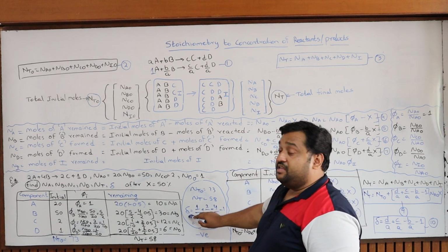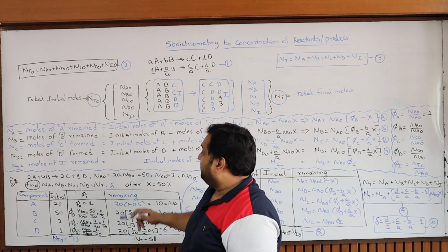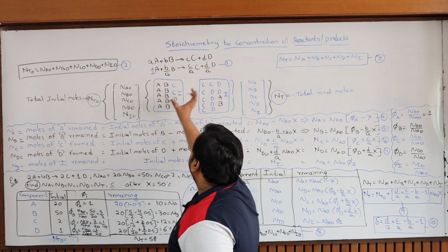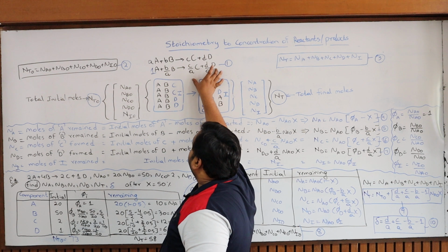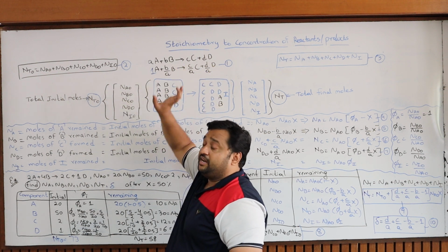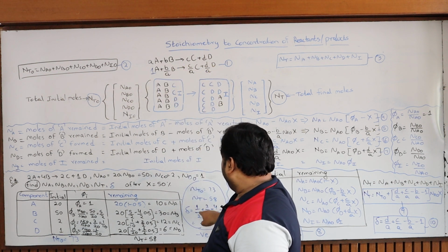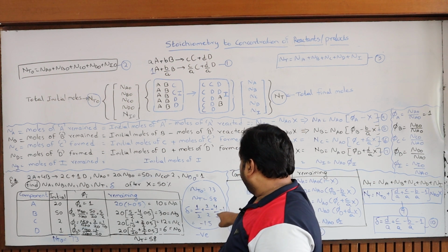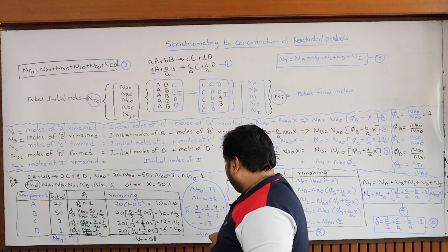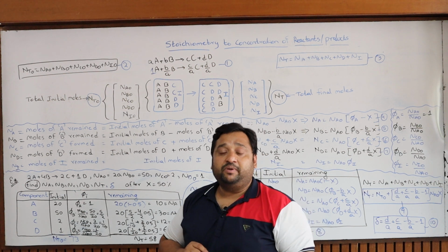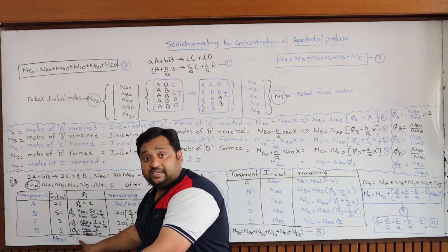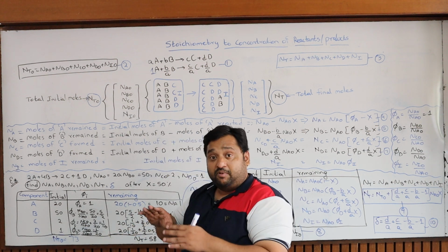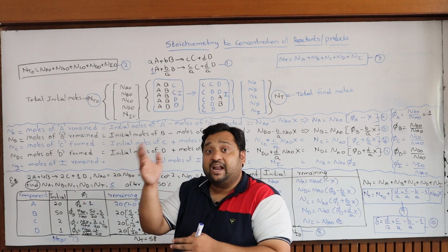And delta, as I told you, is the difference in the stoichiometry: the stoichiometry of the products minus the stoichiometry of the reactants. So here, 1 by 2 plus 2 by 2 minus 4 by 2 minus 1. As long as this delta is negative, there are more moles before the reaction and fewer moles after the reaction.